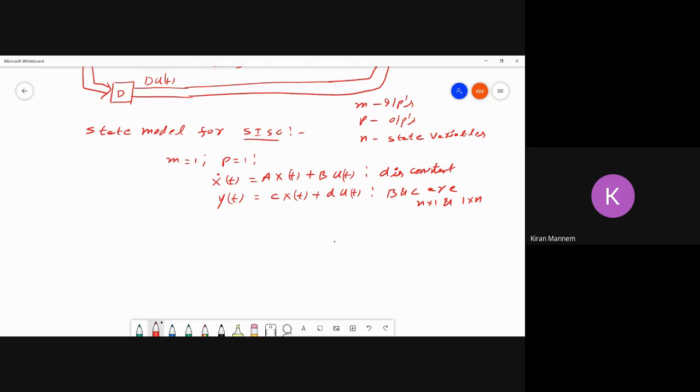So the next topic is state space representation by physical variables. So we have two types of representation. One is physical variables, another one is phase variables. Okay.